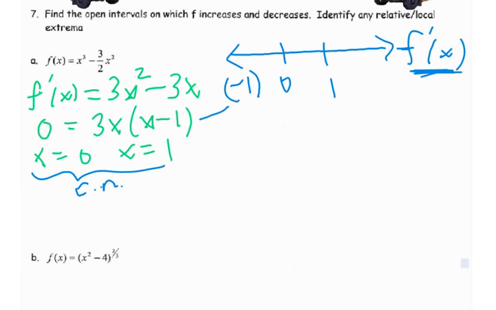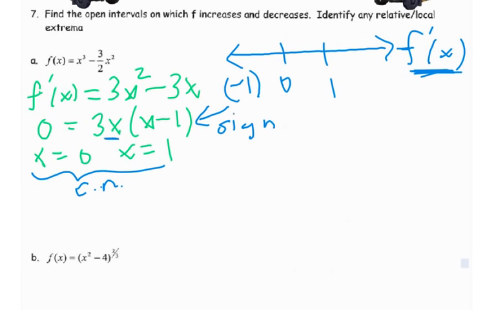I'm going to substitute -1 into my factored form of the first derivative, because it's a lot easier to use. Keeping in mind, I only need the signs. I do not need the actual value that I get when I substitute in -1.